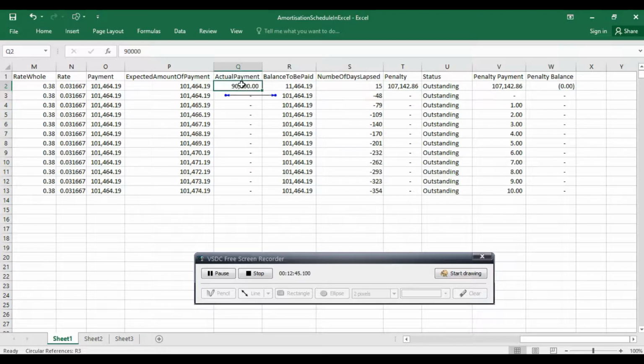And here the actual payment should now come back to this original figure, which is 101,464.19.